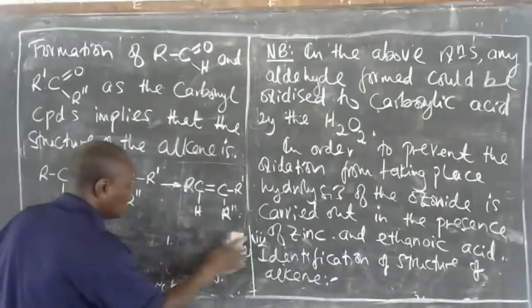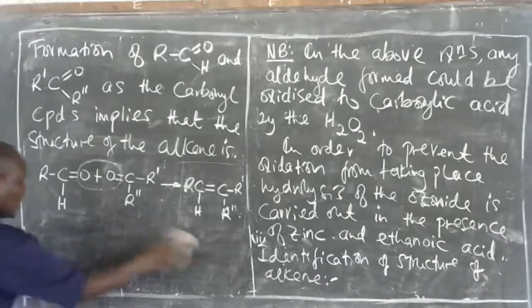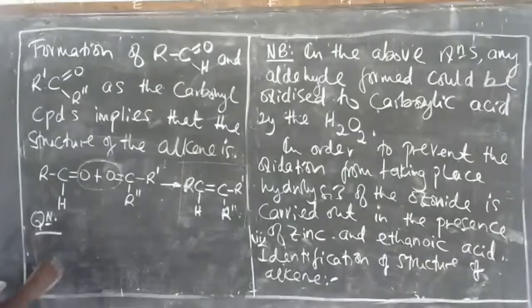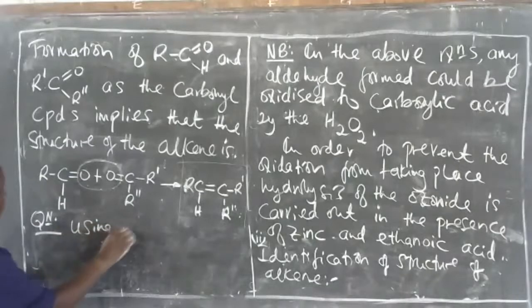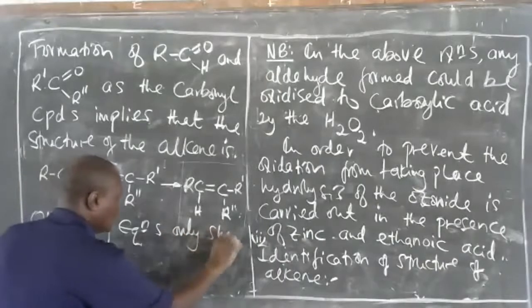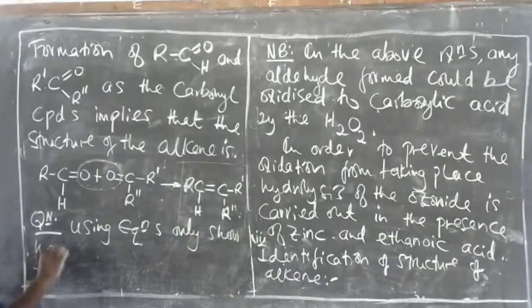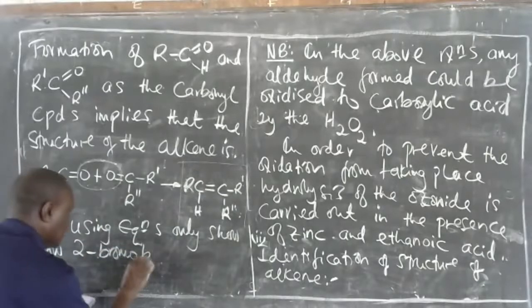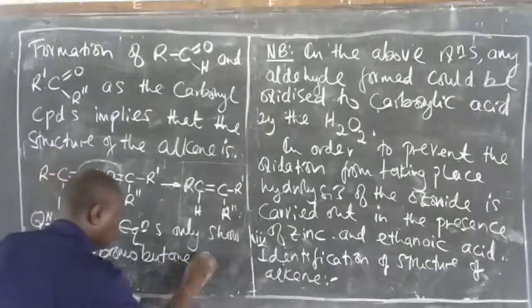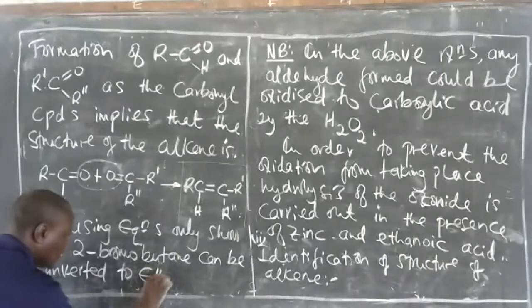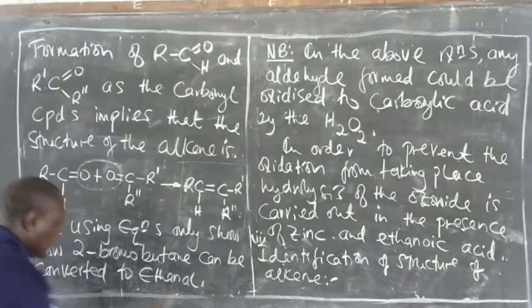So, for example, when you combine these ones here, you can look at a sample question. Question: using equations only, show how 2-bromo-butane can be converted to ethanal.